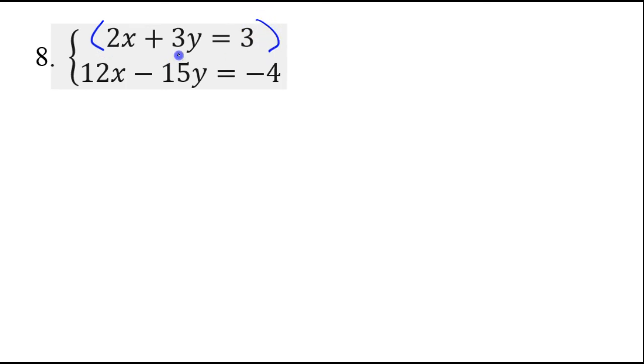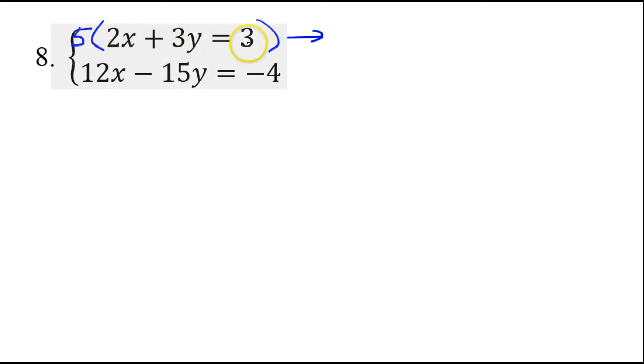So what would it take? Here I have -15. Imagine that I were to multiply the top equation by 5. 5 times 3 is 15. So then I'd have 15y and -15y. I will have opposites that cancel. Let's do it. So if I multiply the top equation by 5, and please, you need to multiply all three of these things.